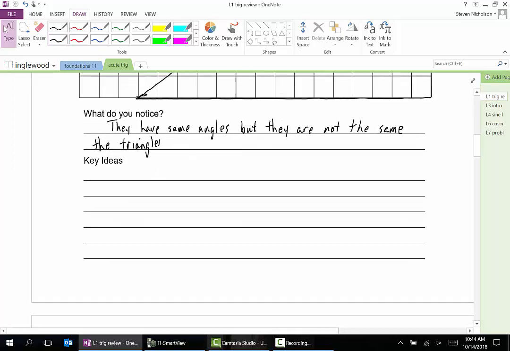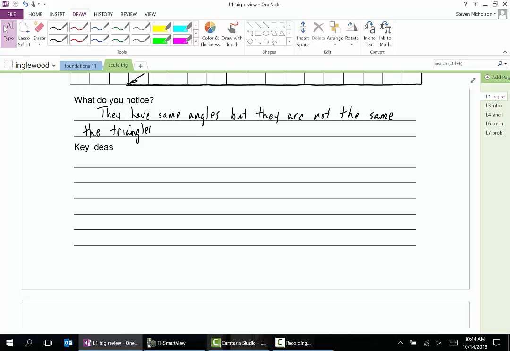And the key idea in that little activity, and again, you might have done it in grade 10, but the key thing I want you to see from that activity are these three key points. The size of a triangle does not affect the angles.